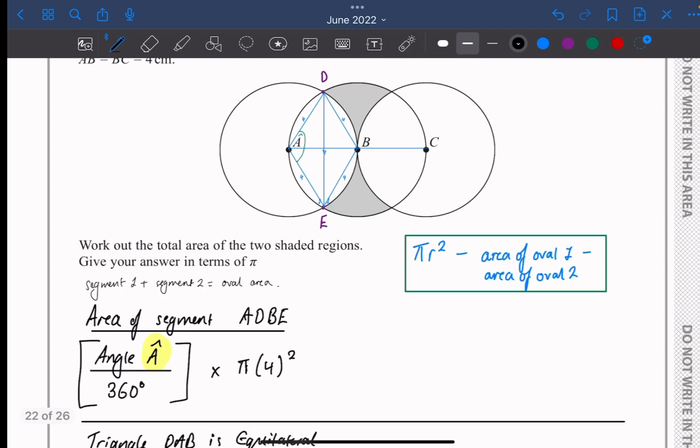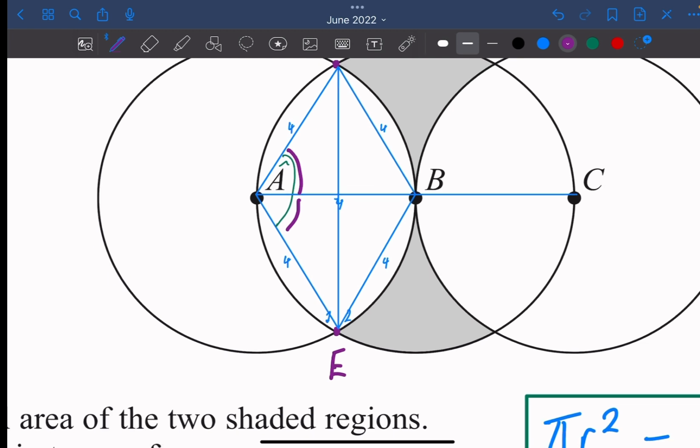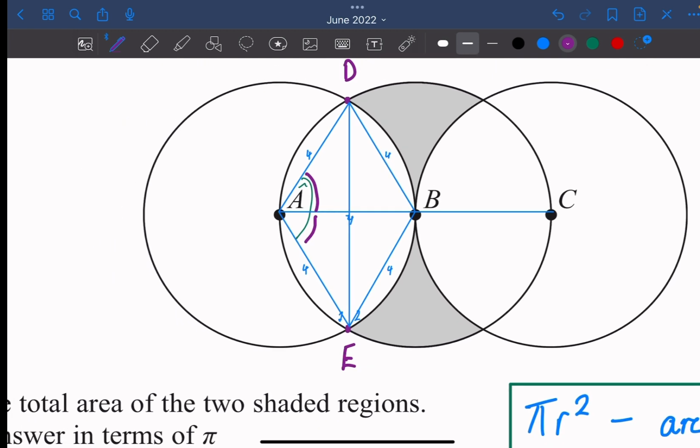So this angle here, again we have to notice this is exactly half the angle. Why is it half of angle A? Well, because of the geometry of how the circles are laid out. Angle ABC bisects angle DAE.